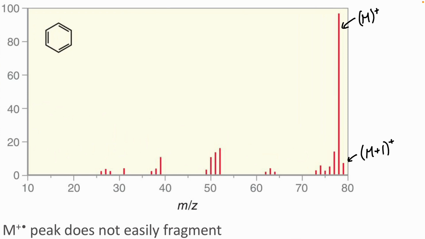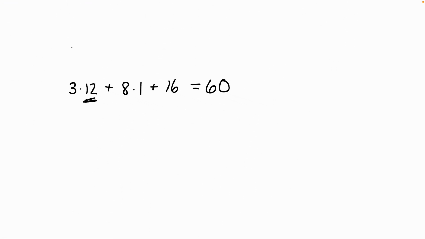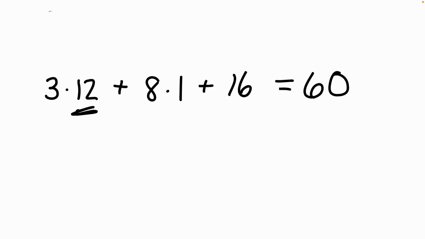First of all, when I did the math for that alcohol, I said that carbon was 12. Why did I use 12 instead of the actual number on the periodic table, 12.0108? That number up there represents what?